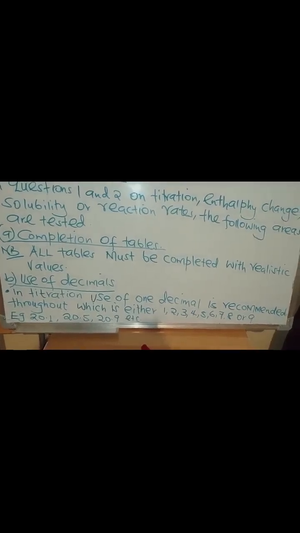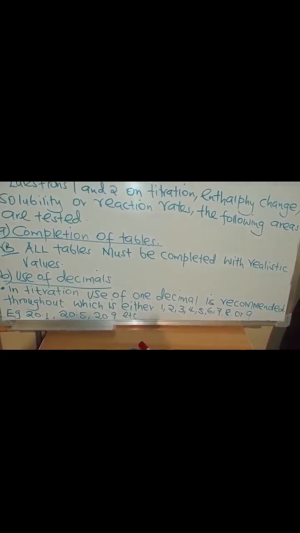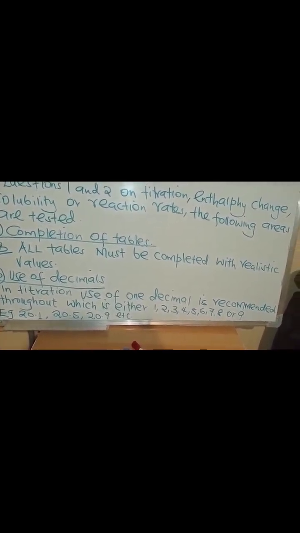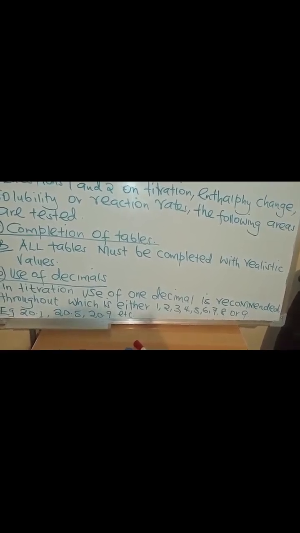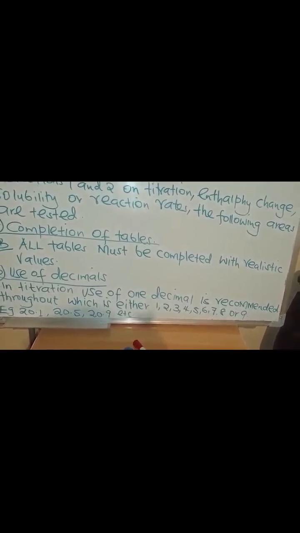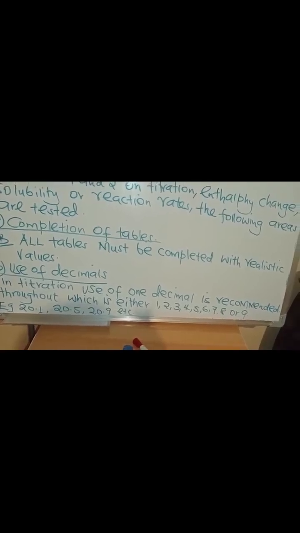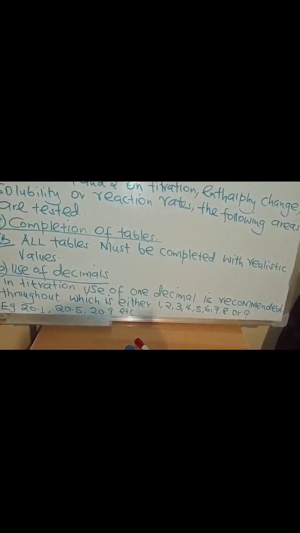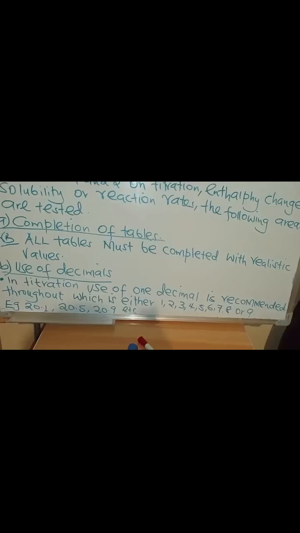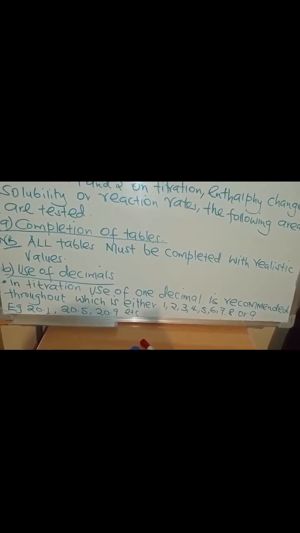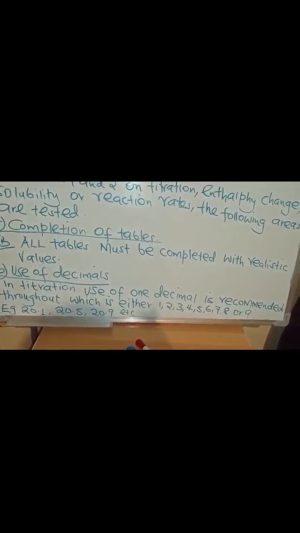Next, we have the use of decimals. In titration, use of 1 decimal is recommended. In KLB Book 3, it is also said that you can use 2 decimals. But through experience, I would advise you as a learner to only use 1 decimal.